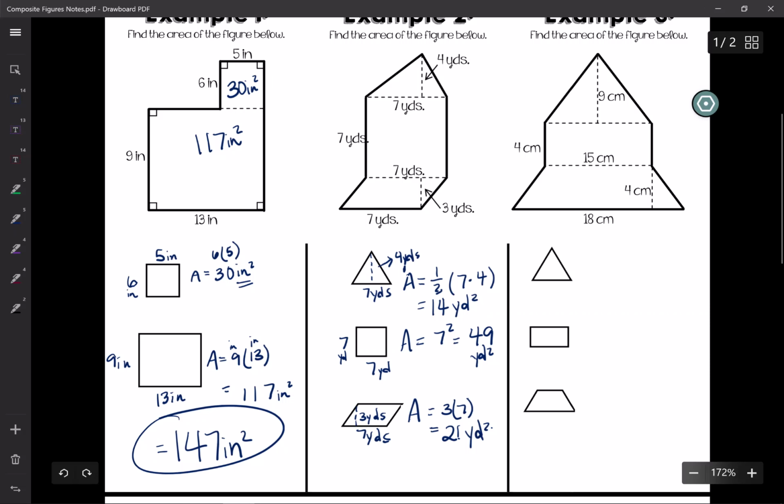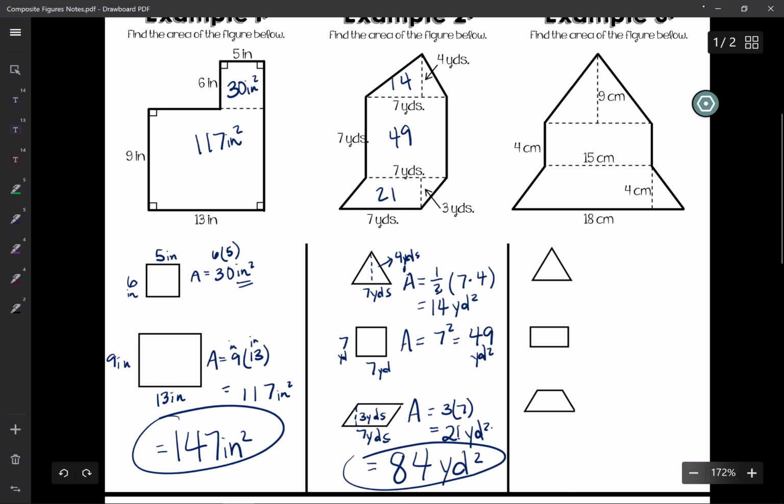If we add all these areas together, so I have 21 plus 49 plus 14, double check my math, I get 94. Let me verify that with my calculator real quick. 14 plus 49 plus 21. Yeah. So we have 84 yards squared is our final area here.